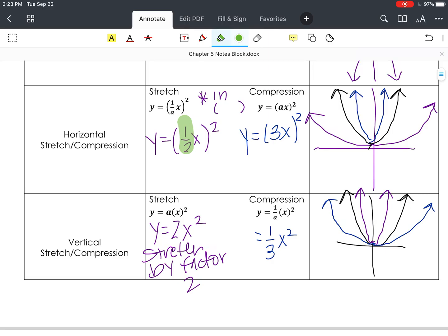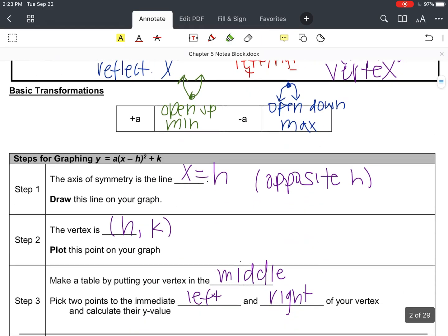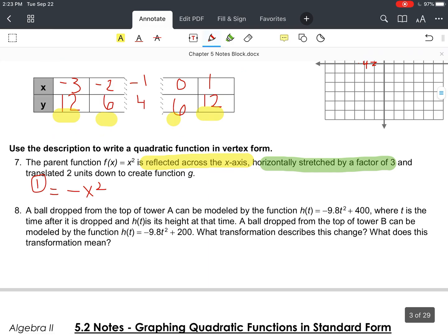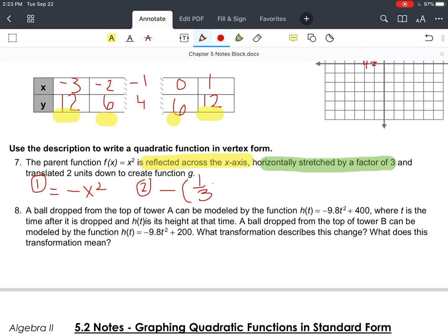So this is 1/2. We want it to be 3, so I'm going to make it 1/3 on my example. So step 2, I have to keep my negative from step 1, but now I'm going to put 1/3 in here with the square on the outside.